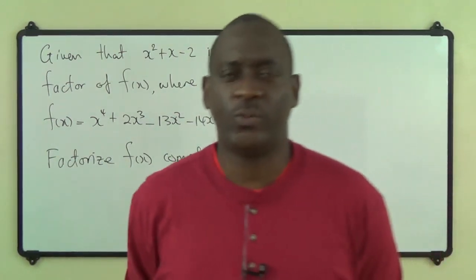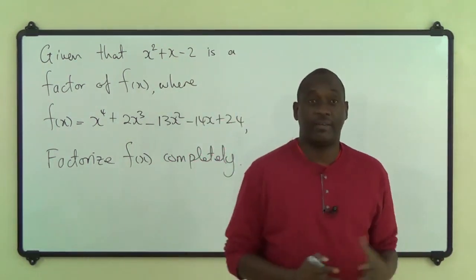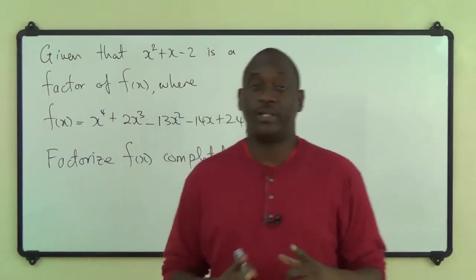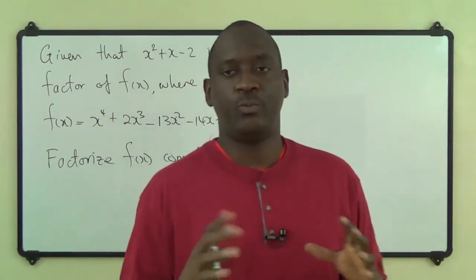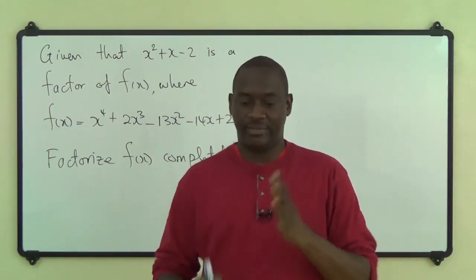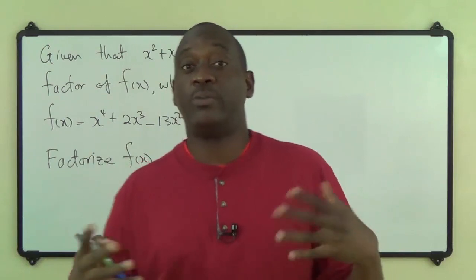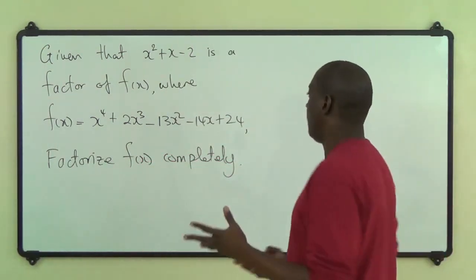So in this video, we continue with our factorization of polynomials. And as you would see on the board there, we're moving up from powers of 2 being factorized into individual powers of 1, into polynomials of power 4. Right?